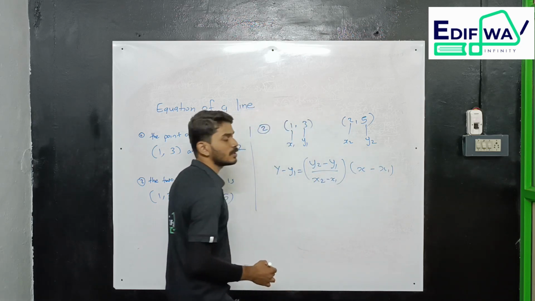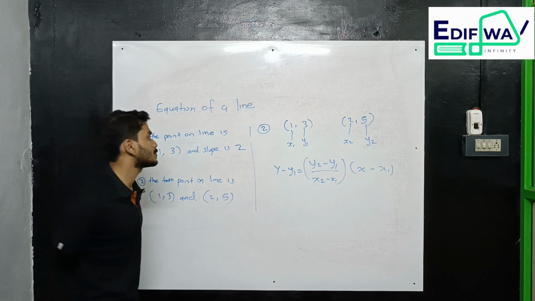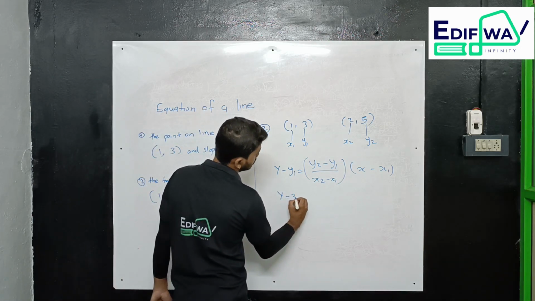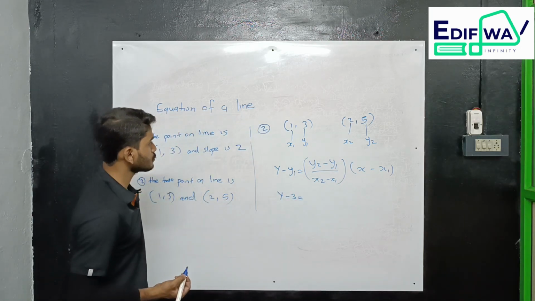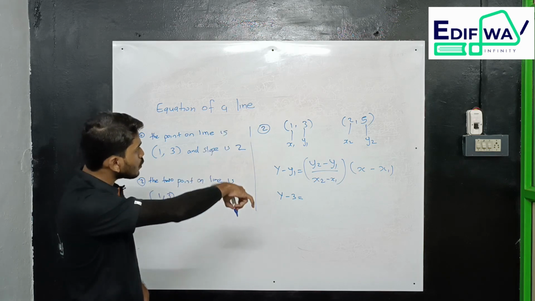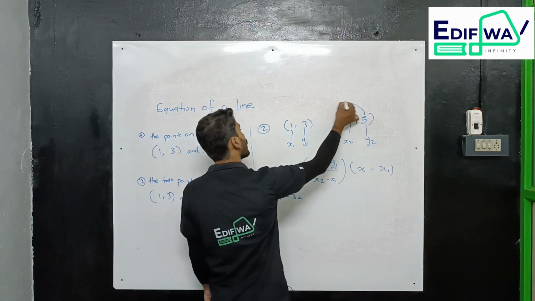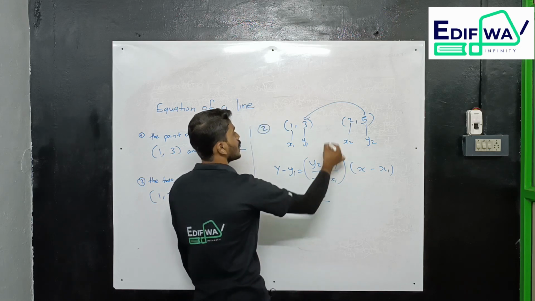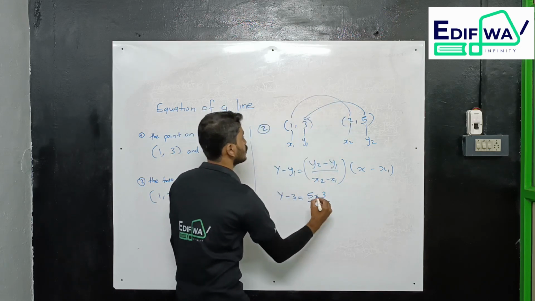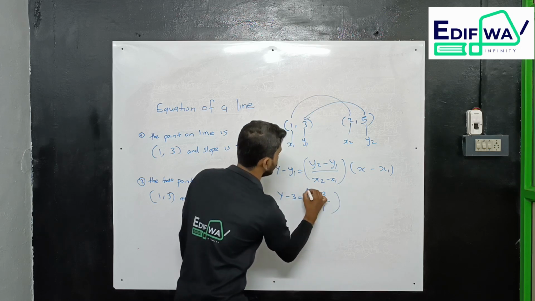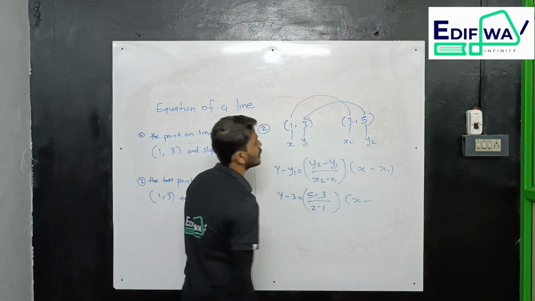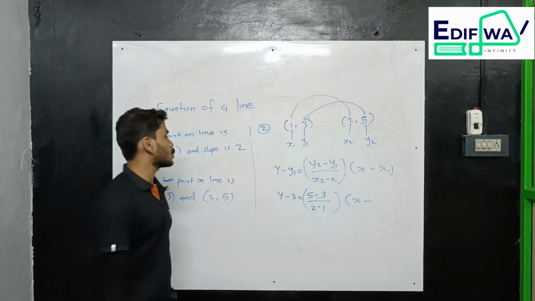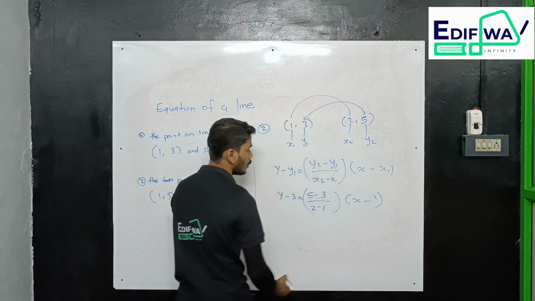Substitute the values. y minus 3 is equal to 5 minus 3 by 2 minus 1 into x minus 1.